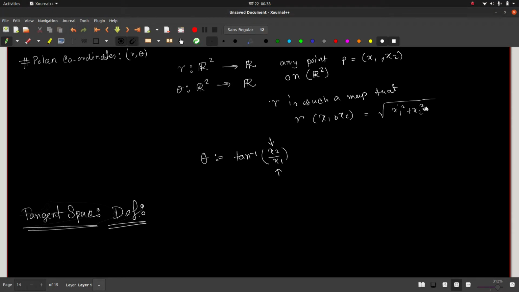This tangent space is a space on a manifold. So this is a space on a particular point on a manifold. By on a manifold, we mean at a particular point.